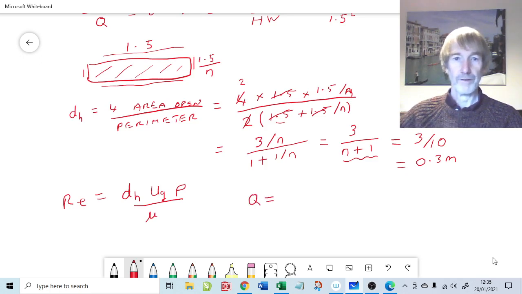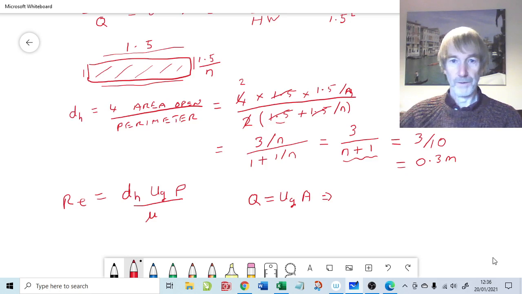The gas flow rate is equal to u, the velocity, times by the cross-sectional area. Again, we can use the full area of the vessel, because if we divide by the number of channels, n cancels out because the gas velocity, it makes no difference whether we divide by n or not.